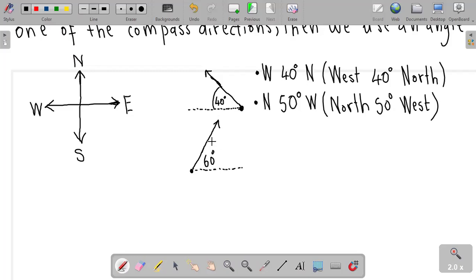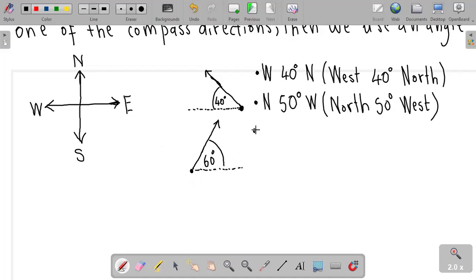So now in this case, what's happening? Our angle here is 60 degrees, and you can see the arrow here. Our vector is pointing north, but somewhat east. It's not pointing to the west like that. So what do we say here?